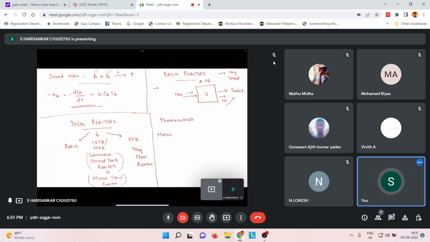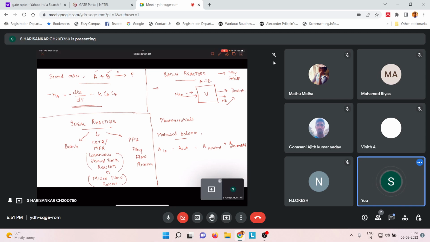So if we write a material balance for this reactor: A in minus A out is equal to A reacted plus A accumulated.